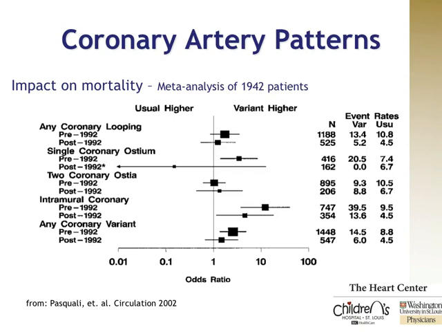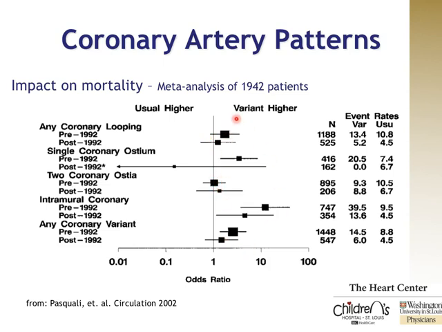And so on this diagram, we have the odds ratio of 1 would mean that any of these variations would be equal in risk of outcome for mortality to standard coronary anatomy, which is, again, the left and the circumflex coming off the left-facing sinus, right coronary coming off the right-facing sinus. Virtually all of these variations are higher risk, with the singular exception of this one, which is virtually the same risk.